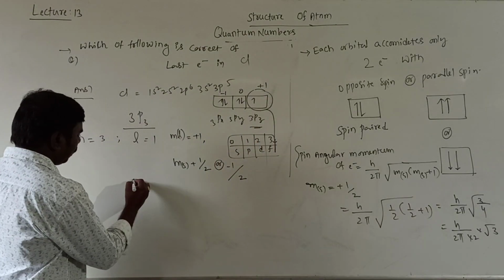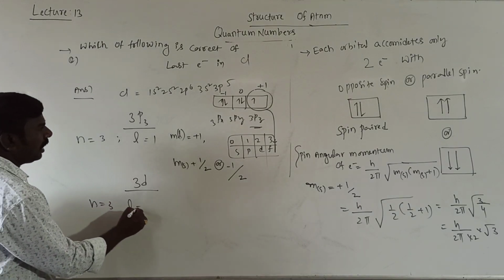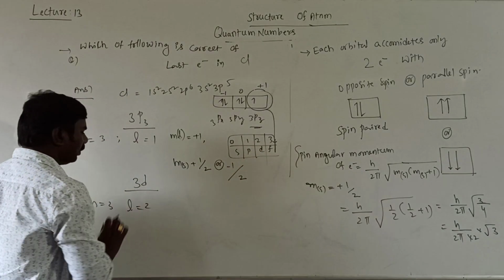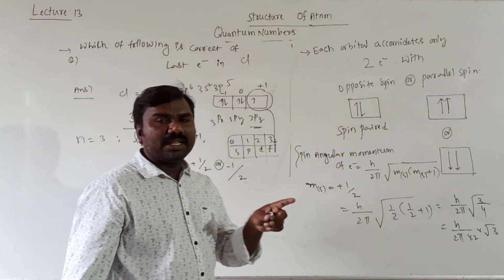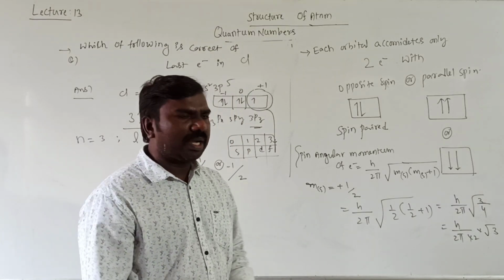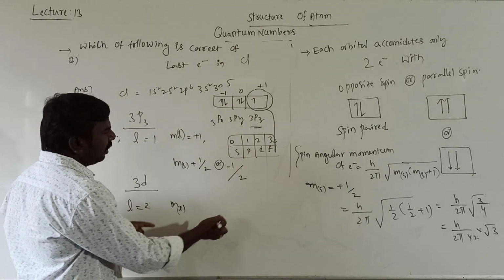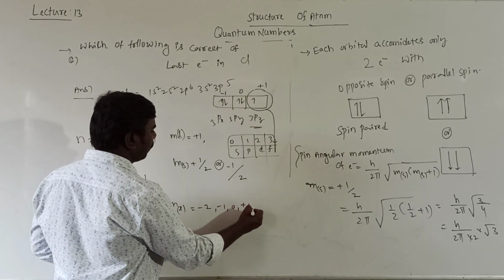For example, 3d: if they provide n equal to 3, L equal to 2 since d means 2. ML value, they didn't give xy, yz or zx or x square minus y square or z square, so you can say that d means 2, values are -2, -1, 0, +1, +2.